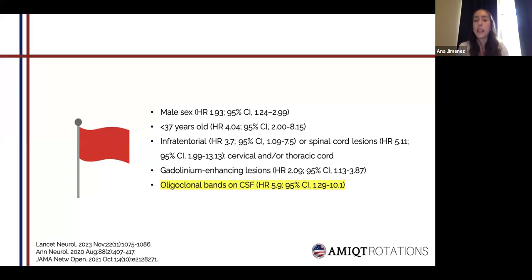The presence of enhancing lesions, and the most important risk factor is the presence of oligoclonal bands on the CSF with a hazard ratio of 5.9.